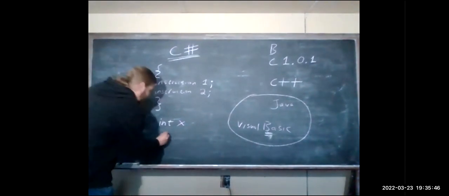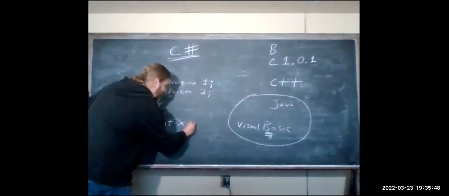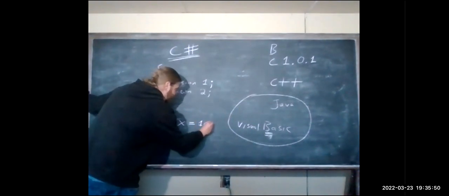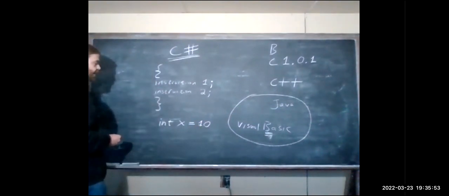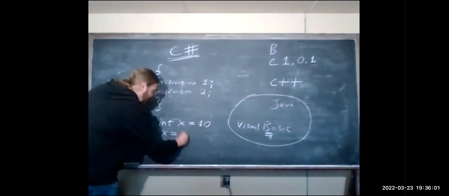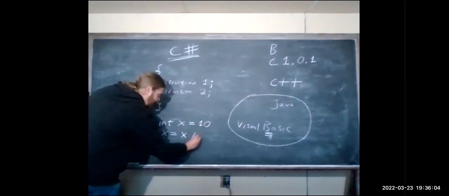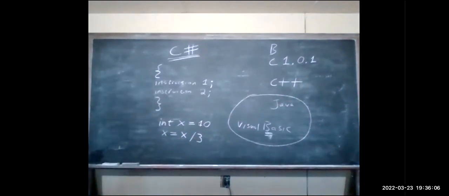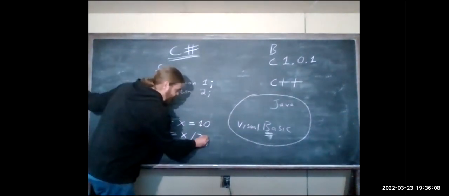And then at some point later, I'll go ahead and assign that. X is 10. Then at some point later, we'll say x is going to be reassigned to whatever x was divided by 3. End of instruction.